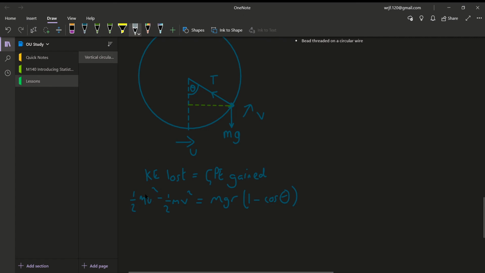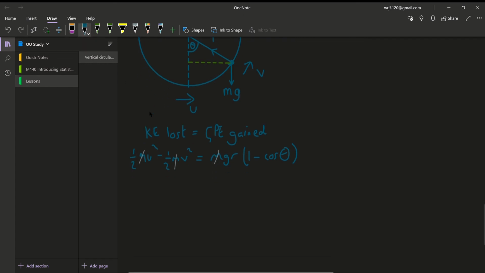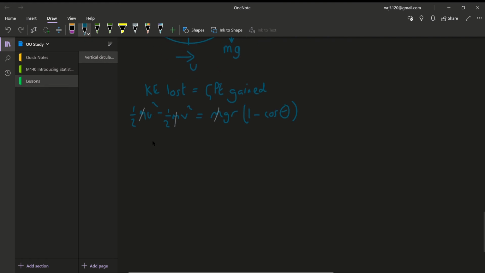We can see that there's a mass term which will cancel out throughout this, so that tidies things up. It might be a bit more convenient if we multiply everything by 2 as well to get rid of those halves. So we're going to end up with a situation where we've got u squared minus v squared being equal to 2gr times 1 minus cos theta.